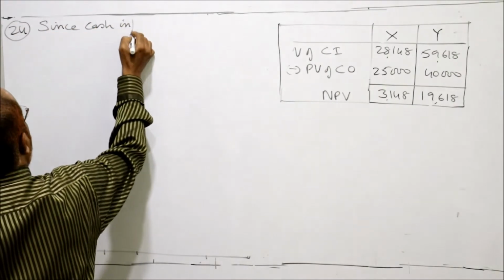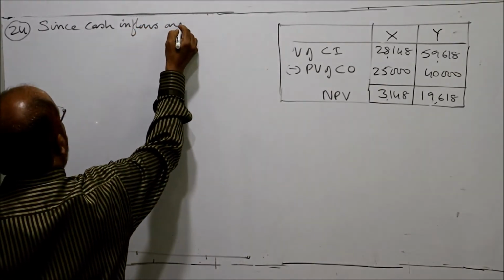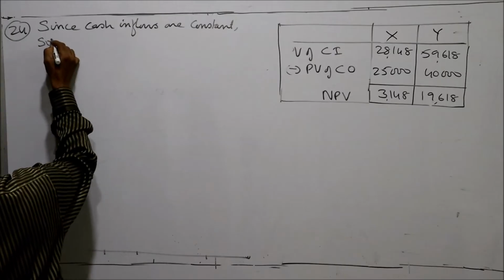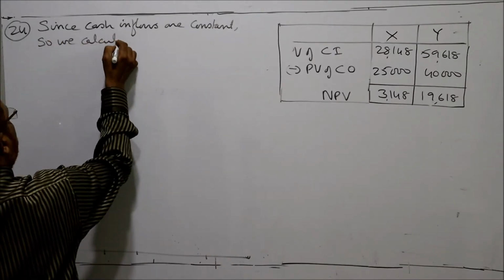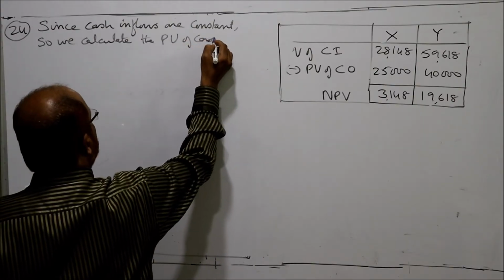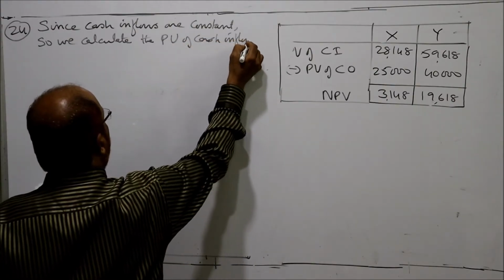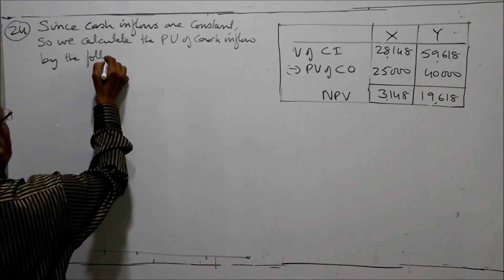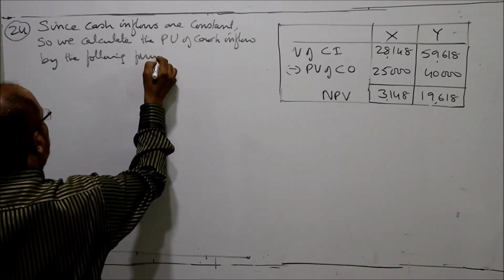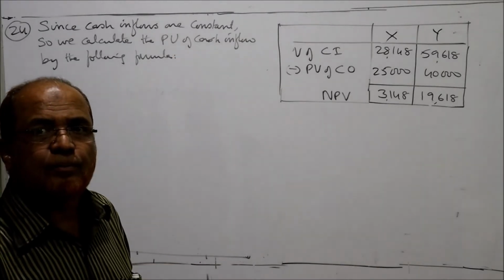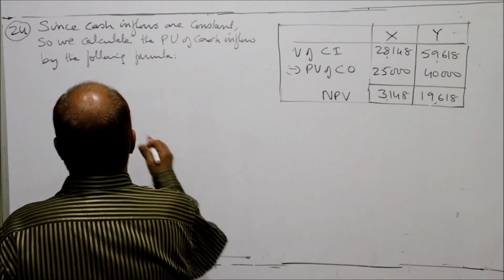Since cash inflows are constant, we calculate the PV of cash inflow by the following formula.